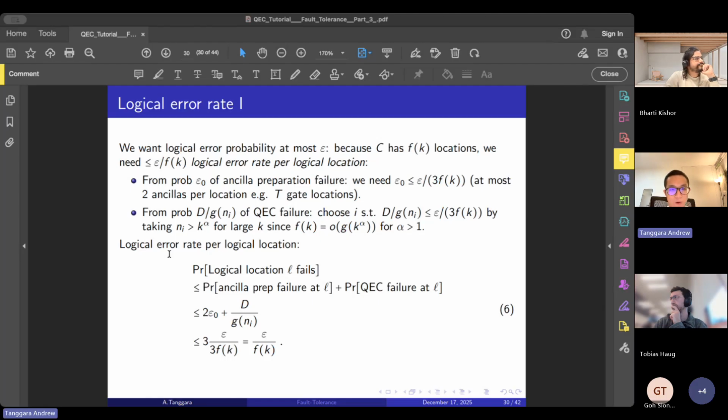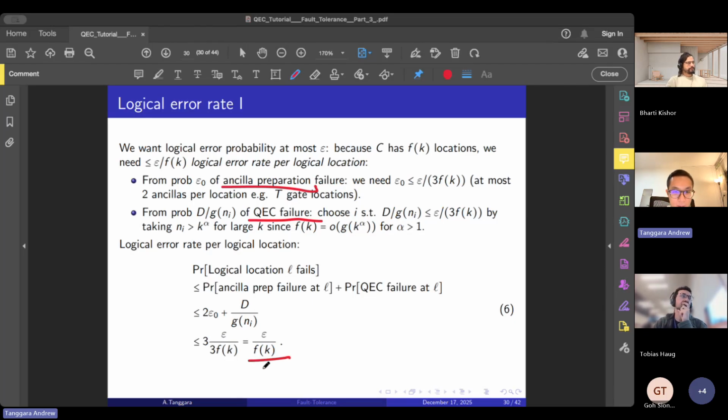So basically what we want to do here is that the probability of L logical locations failing is going to be bounded by either this first bit, this ancilla preparation, or failure, QEC failure at that location. Yeah, and we just take these two numbers.